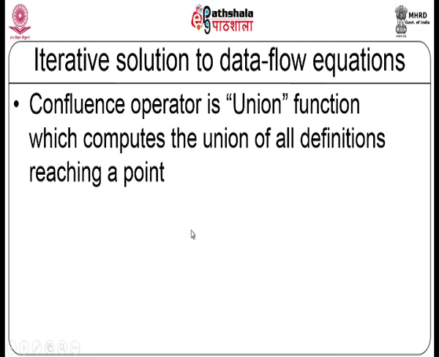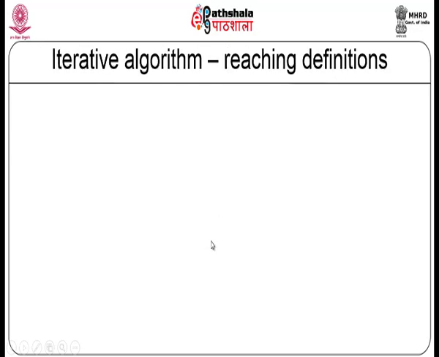Now, the operator which is called the confluence operator is used here, and the union operator is the confluence operator here, which influences the data flow equation, and it computes the union of all definitions reaching a particular point.